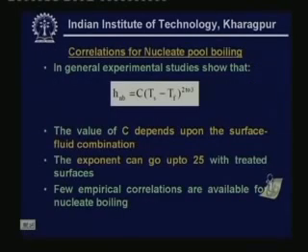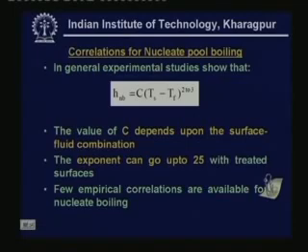Now let us look at some correlations for nucleate pool boiling. In general, experimental studies show that the nucleate pool boiling heat transfer coefficient h_NB is equal to some C into (Ts minus Tf) to the power of 2 to 3, where Ts is the surface temperature, Tf is the fluid temperature, and C is a constant, the value of which depends upon the surface-fluid combination.